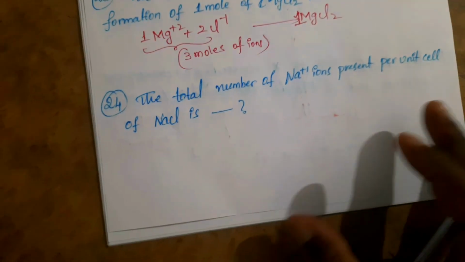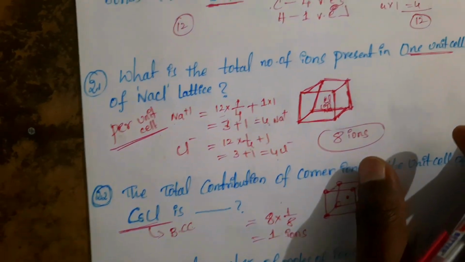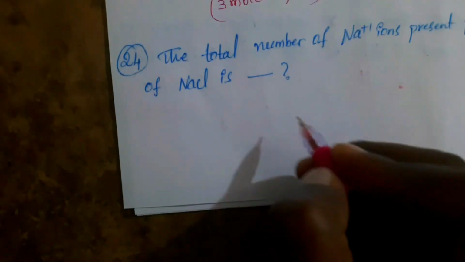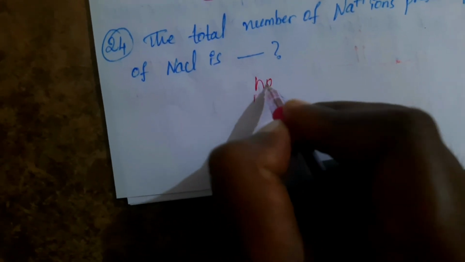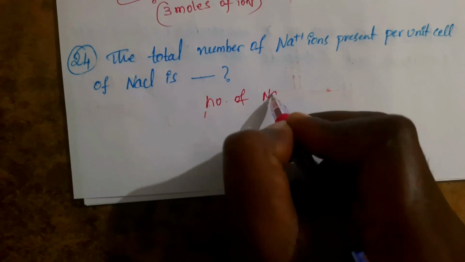Now next, the total number of sodium ions present per unit cell of NaCl. Here I just explained this in question number 21. So sodium ions are how many? 4. Now here also the same thing, number of sodium ions per unit cell.